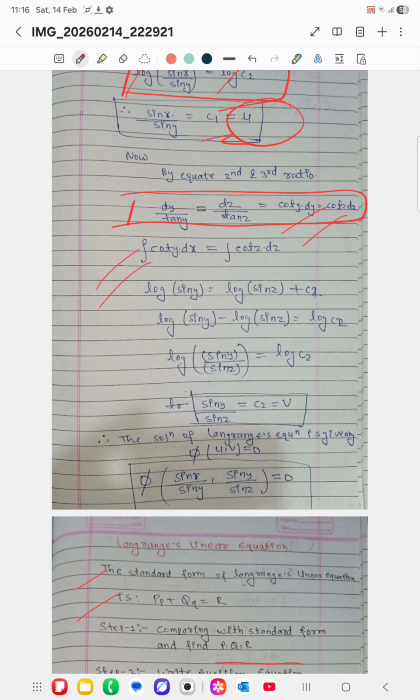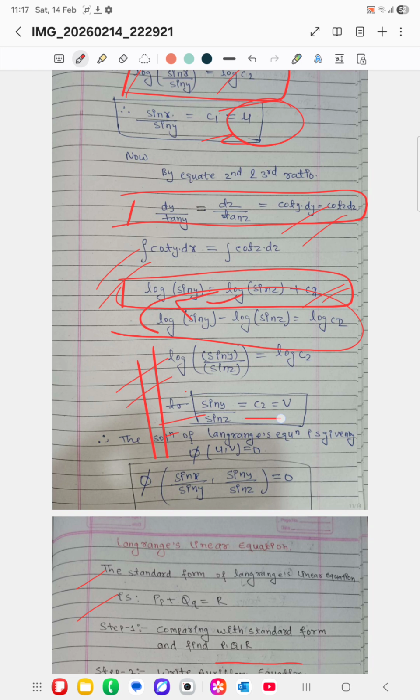So from here we find that log of sin y is equal to log of sin z plus a constant term c2. So from here you find that sin y upon sin z is equal to c2, and consider that as v.